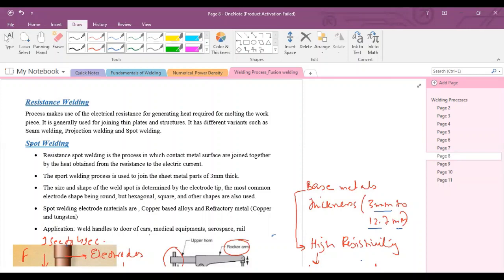Boeing and Airbus are using this spot welding technology. Medical equipment like CT scan and MRI beds or handles are welded with the help of the spot welding process. And this resistance welding has great importance in industrial application.